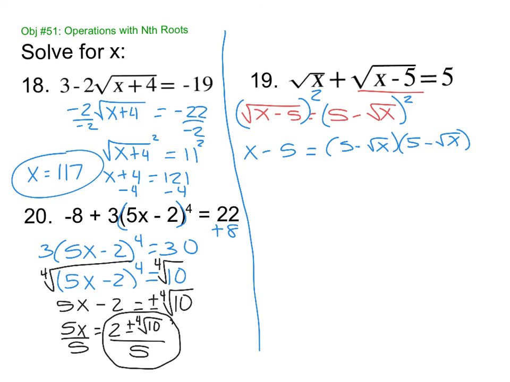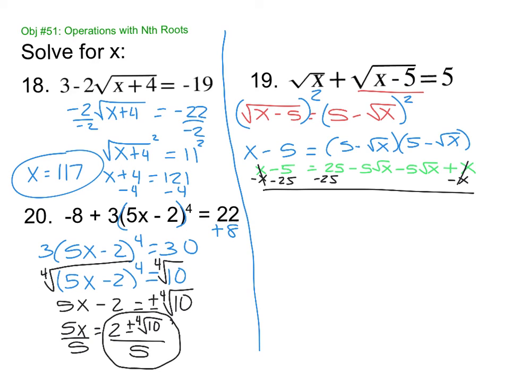So we get 25 minus 5 root x minus 5 root x plus x. The square root of x times square root of x is x. Now I'm going to simplify it and combine like terms. If I subtract x on both sides, those x's go away. And then I'm going to subtract 25 on both sides.